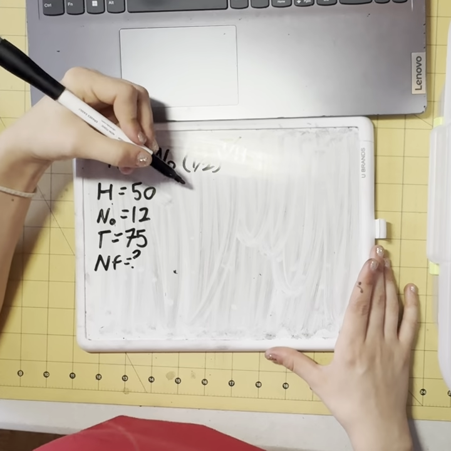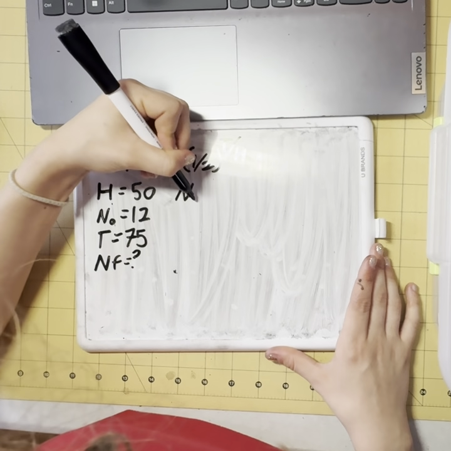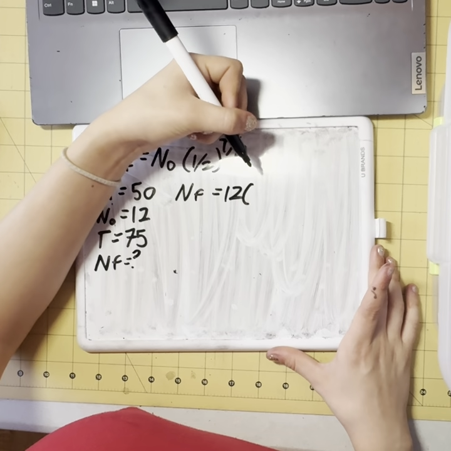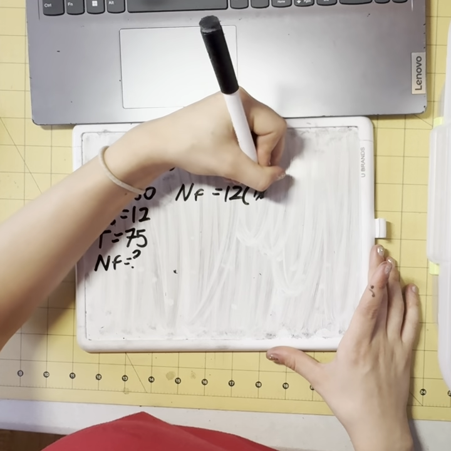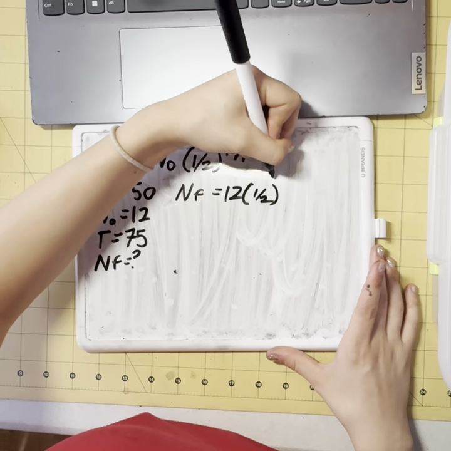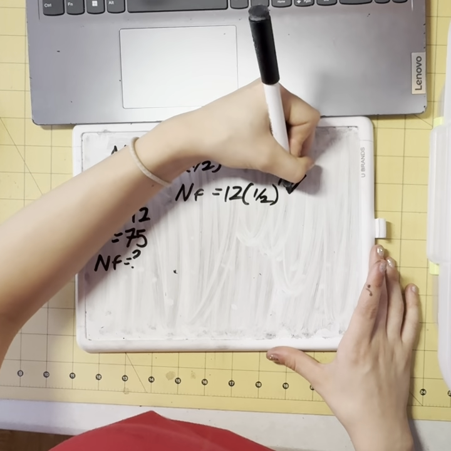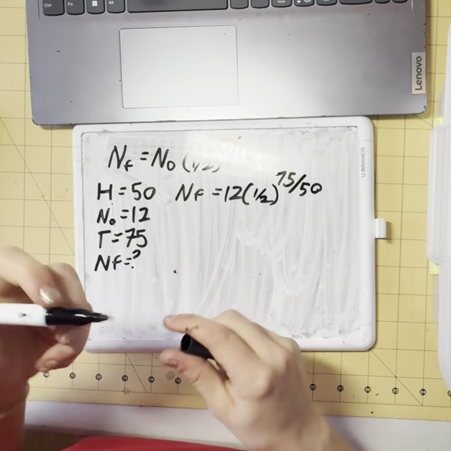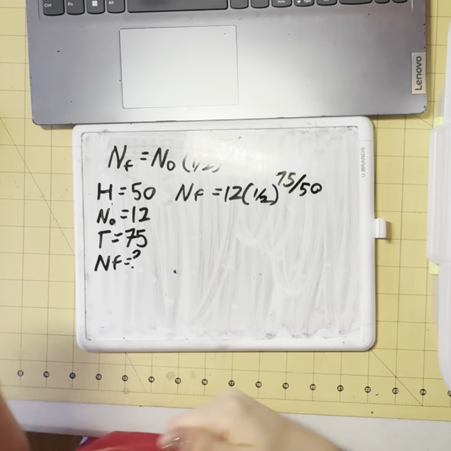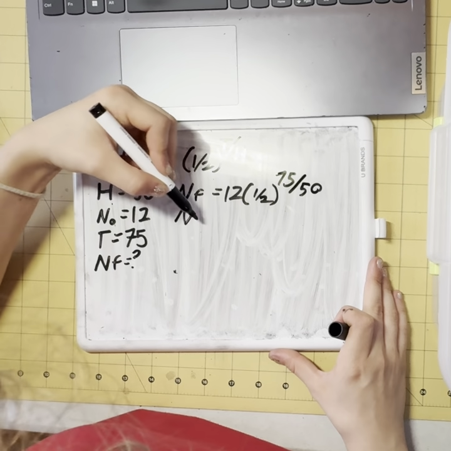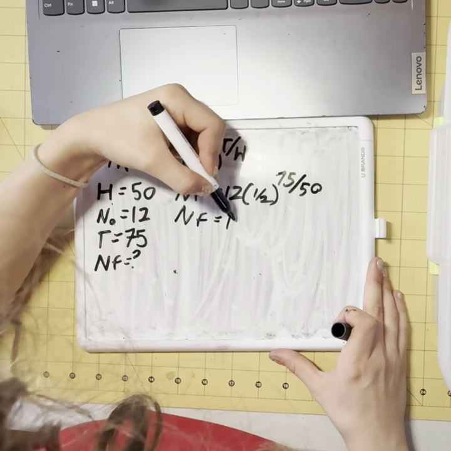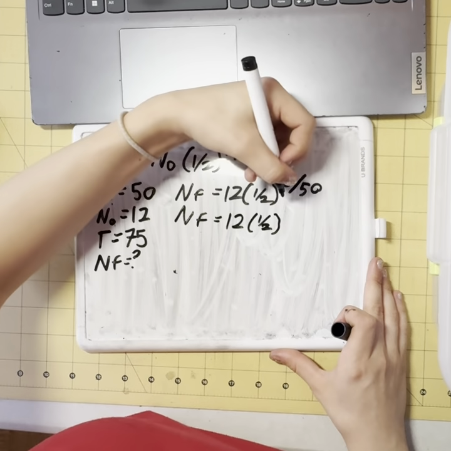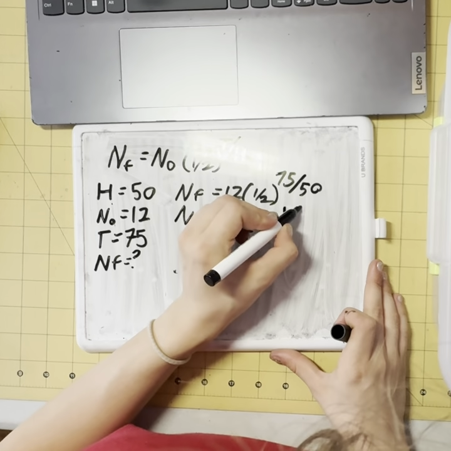So I would rewrite the equation as NF is equal to 12 times 1/2 to the power of 75 divided by 50. Okay, so first we can solve that. We can rewrite this as NF is equal to 12 times 1/2 to the power of 1.5.